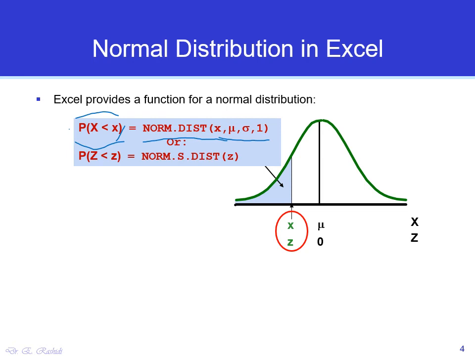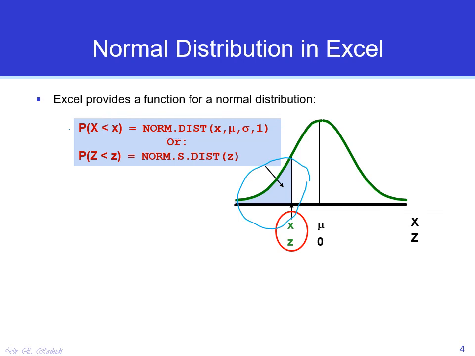You put 1 because we are looking for a cumulative here, because we have less than, right? So that would be cumulative, and it would be equal to the area that you see here, the shaded blue area here.